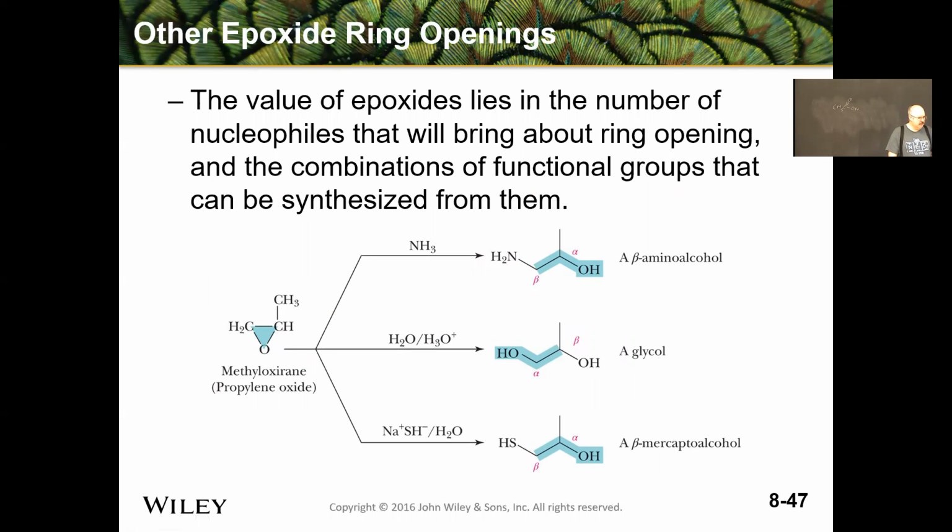Okay, let's look at other epoxide ring openings. The value of epoxides lies in the number of nucleophiles that will bring about ring opening and the combinations of functional groups that can be synthesized from them. Okay, for example, if we use ammonia as our nucleophile, we can produce a beta amino alcohol.